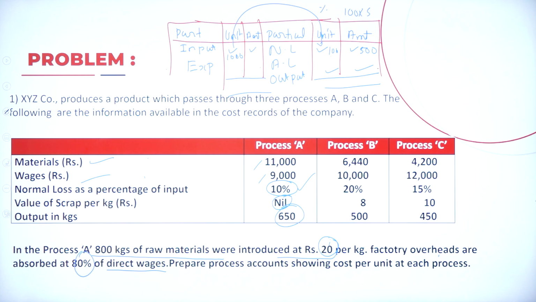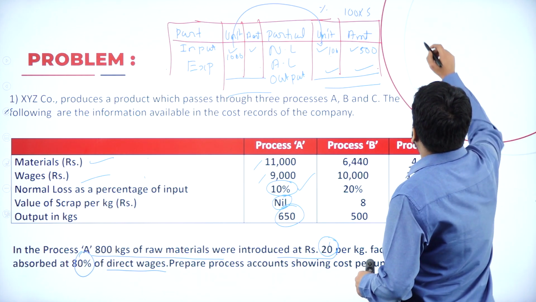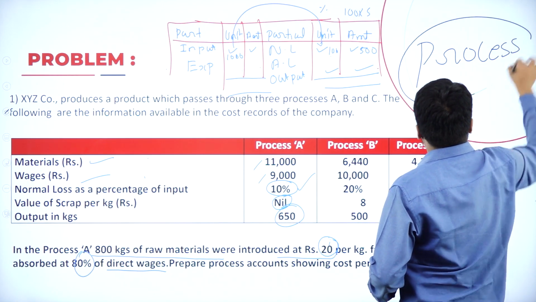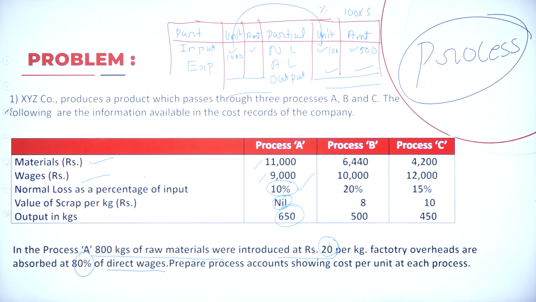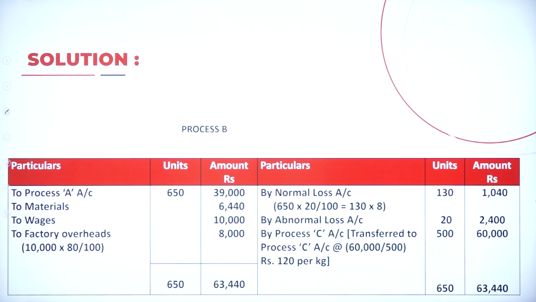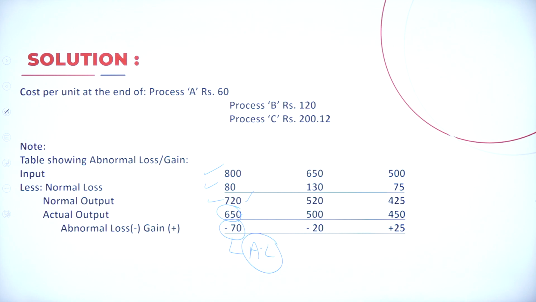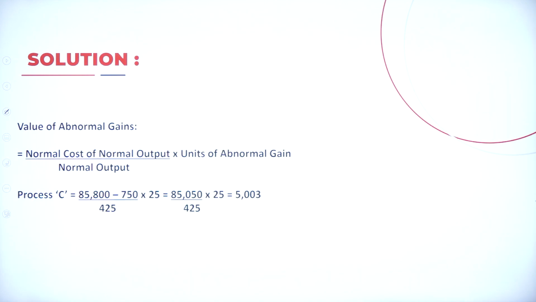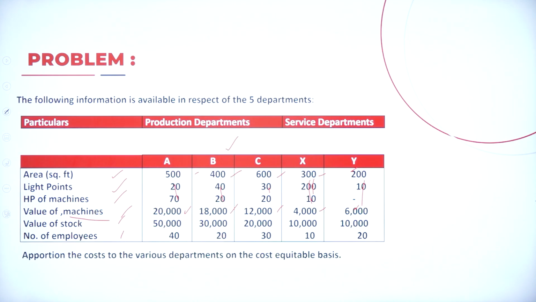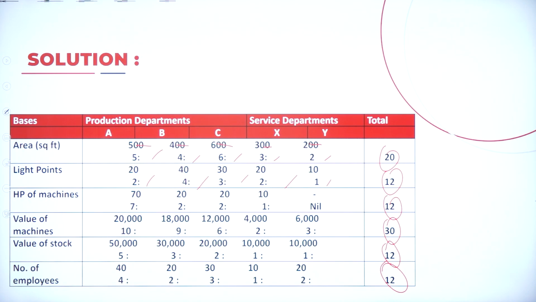So this is process costing. Answer. Working note, and working note. And there is overhead. Question. Solution part.